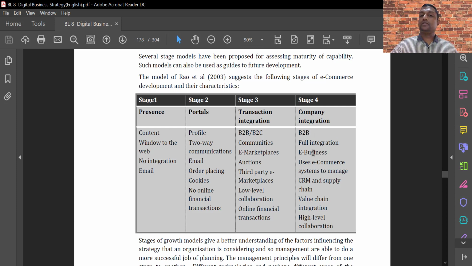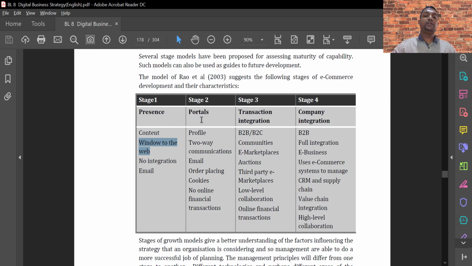If you can see this table, stage 1 is having a presence online, a content window to the web, no integration, but there will be email and it will be a website basically having information about the products and the organization, just to be present on the online platform.